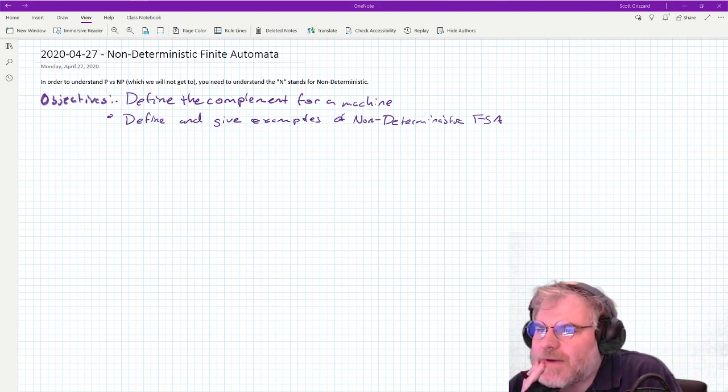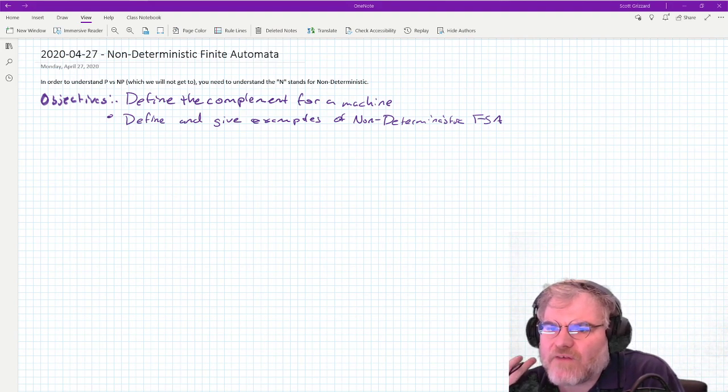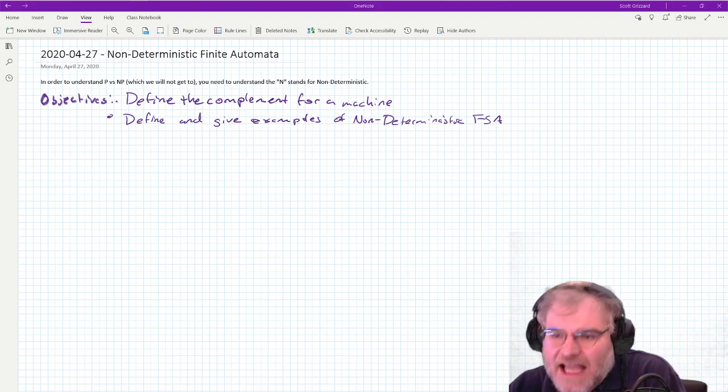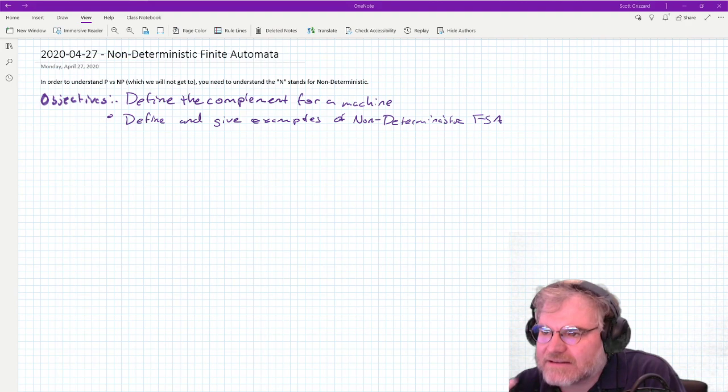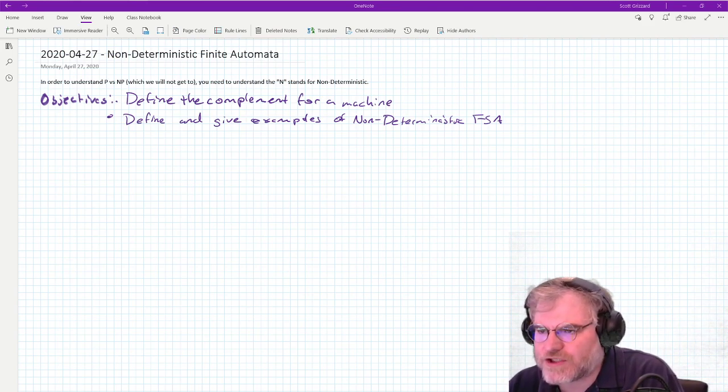There's a question about a machine taking its own code. Think of it more like a function's input is the letters f of x equals something. The function doesn't actually take itself as a function; that would be recursion.